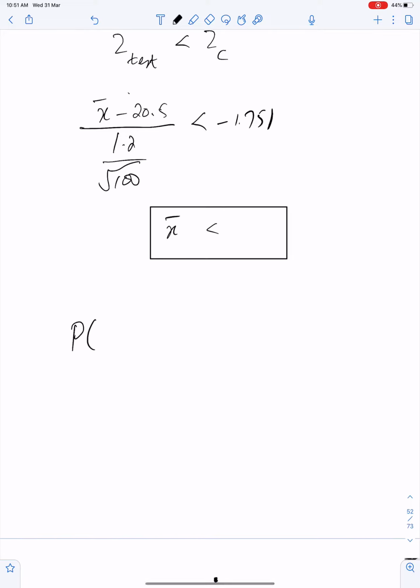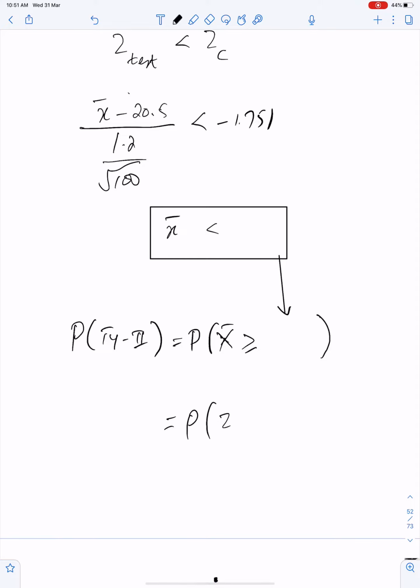Then the probability of type 2. This is the probability of X greater than the critical region. Write this number here, and then convert this into the form of Z and use the new mu.